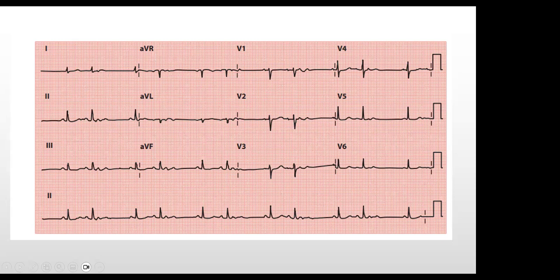Although you get a compensated pause, it's not a perfect compensation. You can actually insert one beat here, and the rhythm will still be fine. So that means it's not a premature atrial beat, since the compensation here, assuming it's premature, is perfect, and that is not typical of premature atrial beats.